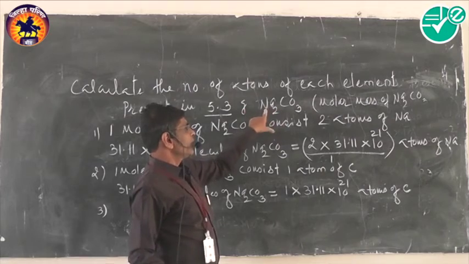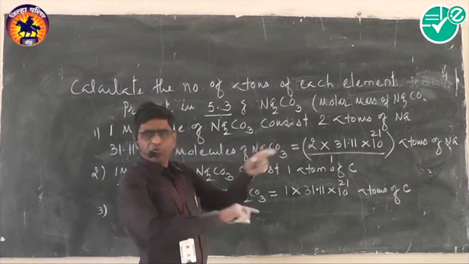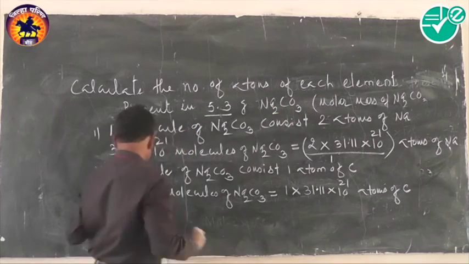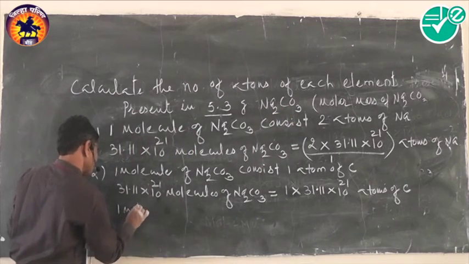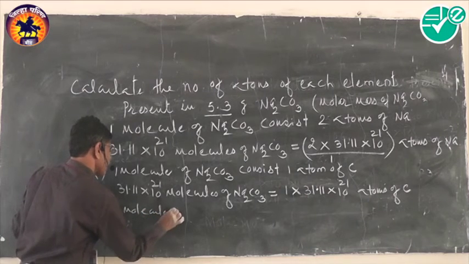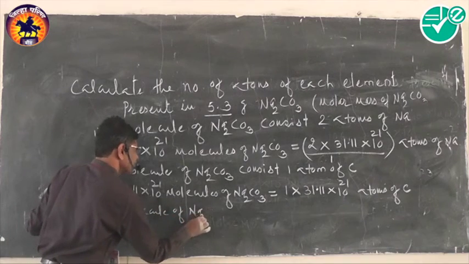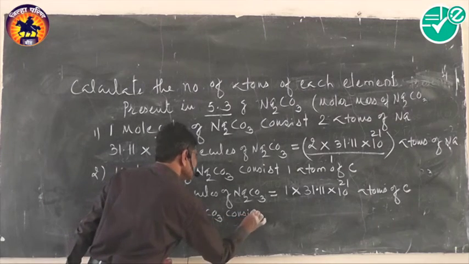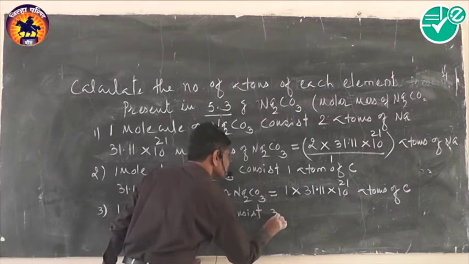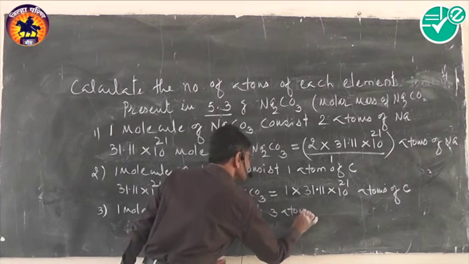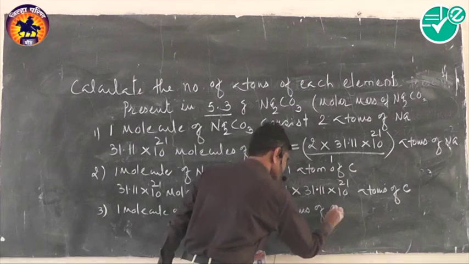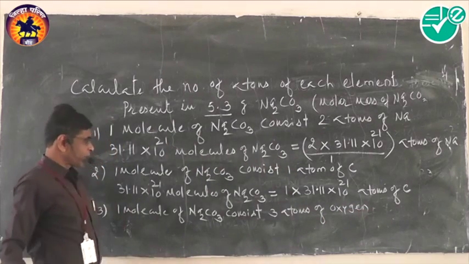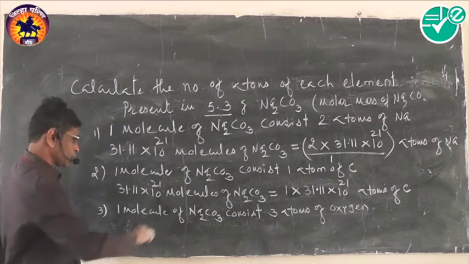Now here Na2CO3 indicates that one molecule of sodium carbonate consists of how many atoms of oxygen? 3 atoms. So one molecule of sodium carbonate consists of 3 atoms of oxygen.